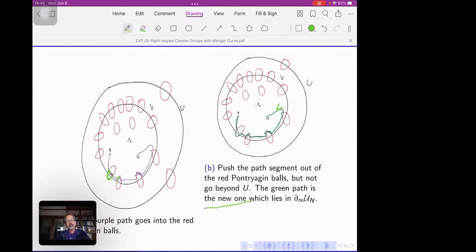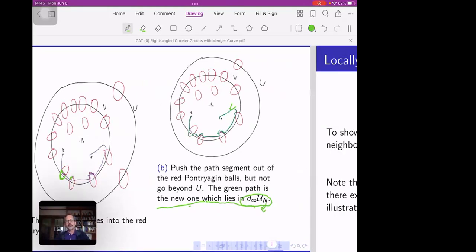Now the new path will lie in our visual boundary, the boundary infinity UN. So this is the rough technique to prove that this path lies in our target visual boundary infinity UN. UN represents the punctured torus.